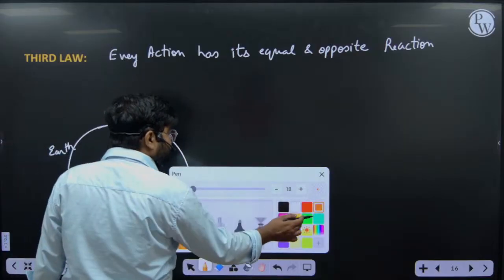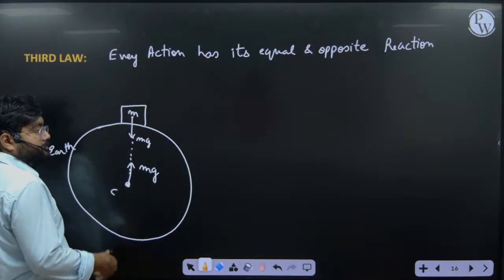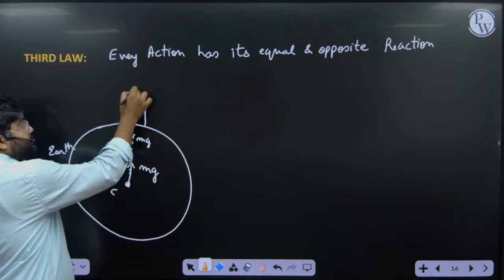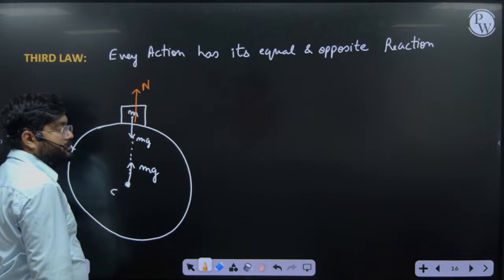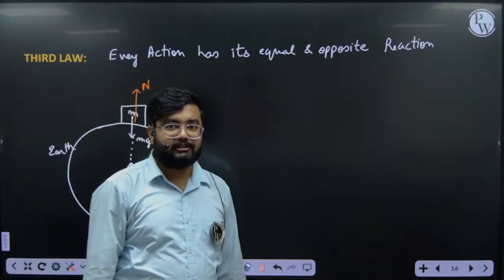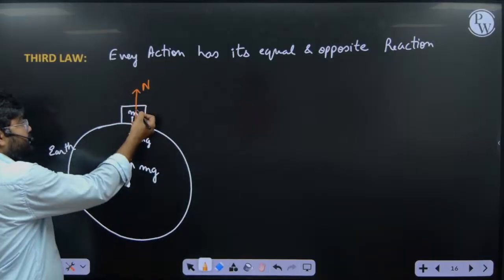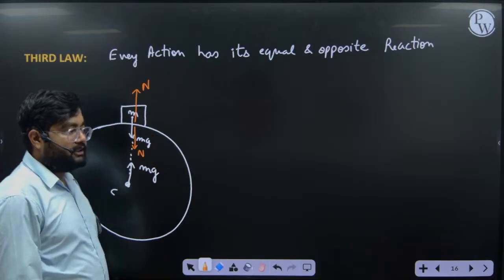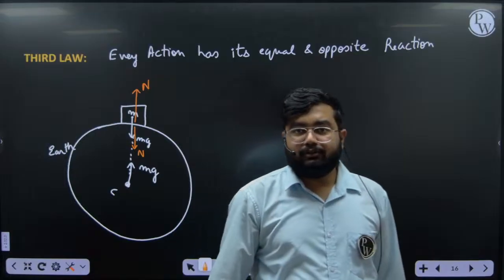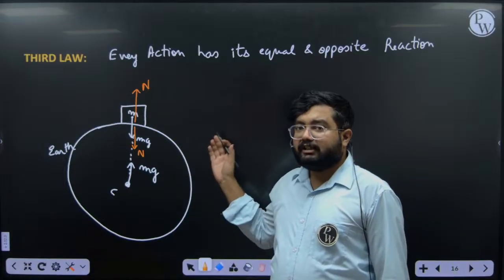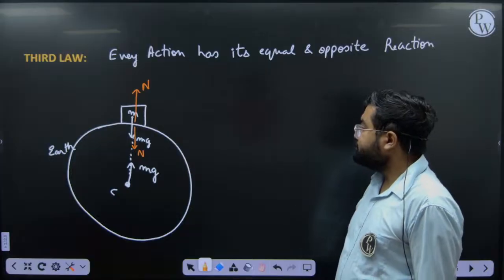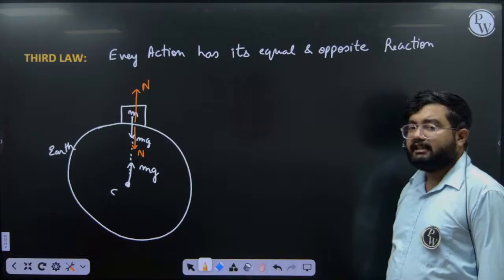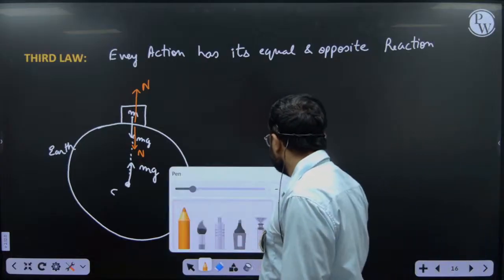I am sure you may know about normal force, but we will talk about it. From Earth there is another force exerted on the object known as normal reaction. By Newton's third law, the object will also exert an equal and opposite force. So don't worry if you do not know about normal reaction, we'll cover it shortly. So this is basically Newton's third law.